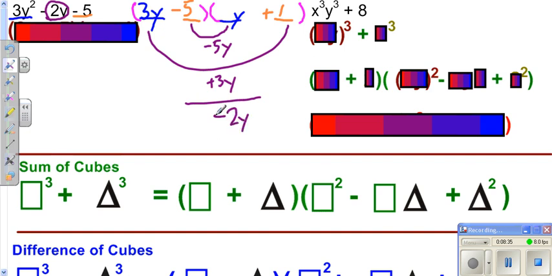And in this case, it just happened to work out the first time. Now, if it did not work out and give me my correct middle term, then I would try flip-flopping the 2 red ones around and checking my middle terms again. If that didn't work, I would then try switching my 2 signs around and see if I would get the correct middle term.